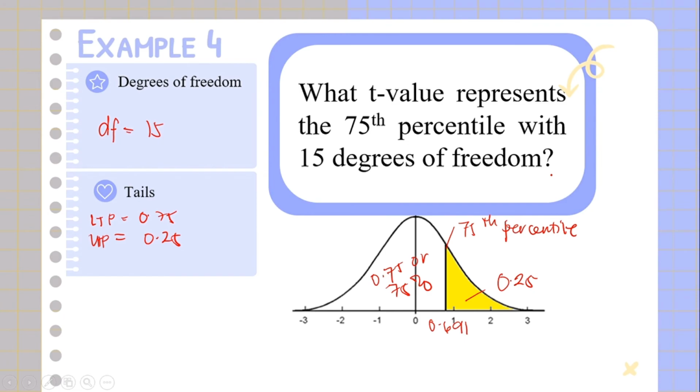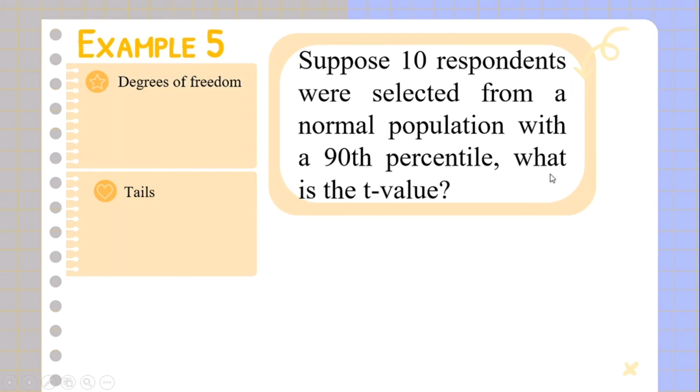For the last example, suppose 10 respondents were selected from a normal population with a 90th percentile. What is the t-value? Ano ang unang gagawin natin? Kailangan natin i-convert ang sample size into degrees of freedom. So, ang ating sample size is 10. Then, we subtract 1 from 10.